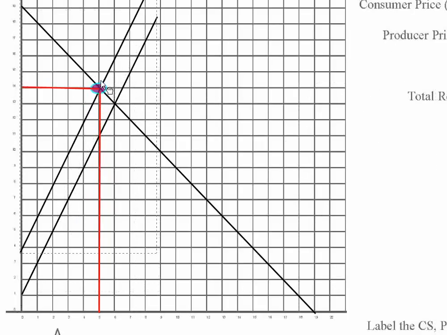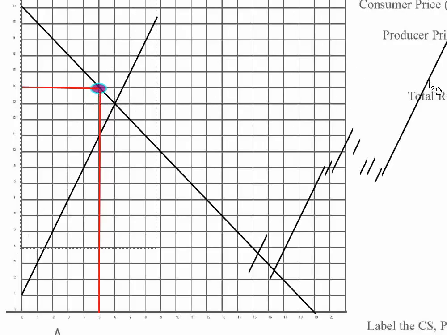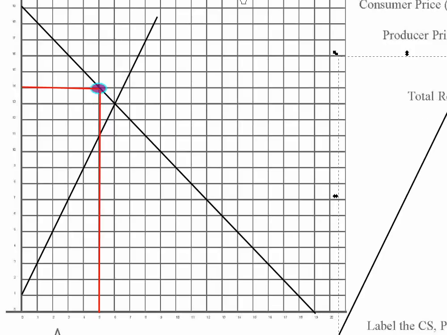It's going to have the same slope of 2, plus 2 in this case, but it's going to be exactly $3 above. And look for where the new supply curve and the old demand curve intersect. Mark that point, and you can erase that pencil line that was your new supply curve. The crucial thing is that price and that quantity. Price of 14, quantity of 5.